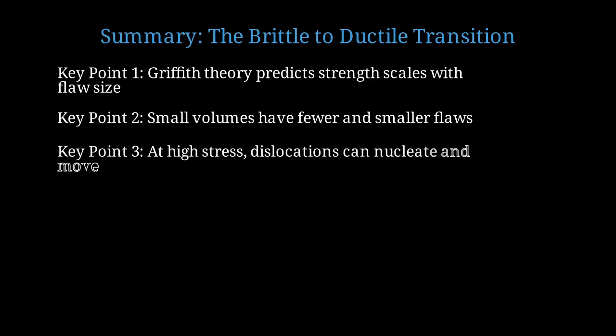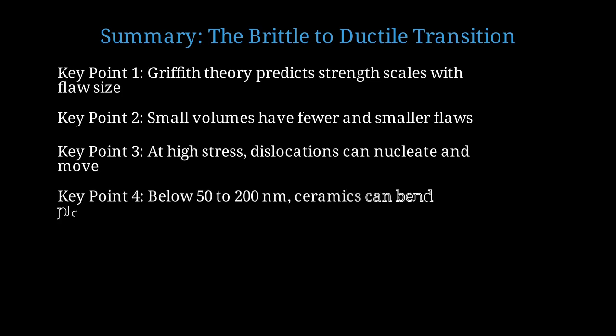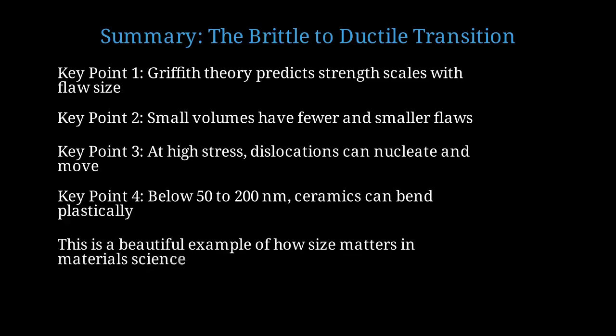Third, when ceramics are strong enough to reach very high stresses without fracturing, dislocations can nucleate and move, enabling plastic deformation. Fourth, below a critical size of roughly 50 to 200 nanometers, many ceramics transition from brittle to ductile behavior. This phenomenon beautifully illustrates how the same material can behave completely differently depending on its size scale. Size truly matters in the world of materials.